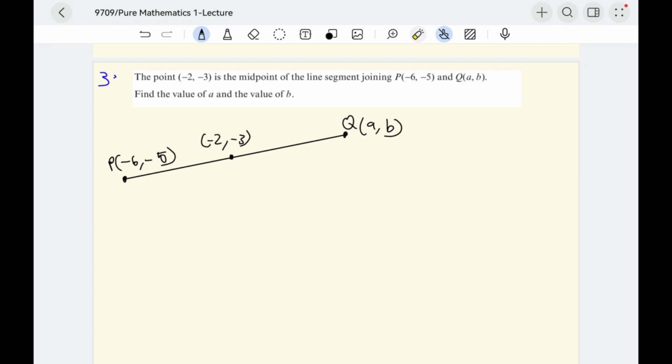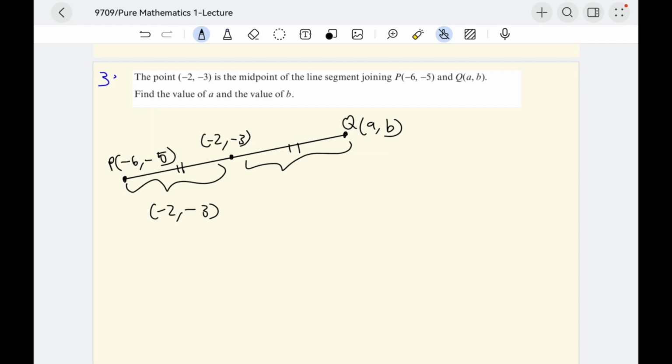So this point is the midpoint of it. You need to use the formula. So to get (2, -3), this is the midpoint. It means that this side and this side are equal in length.